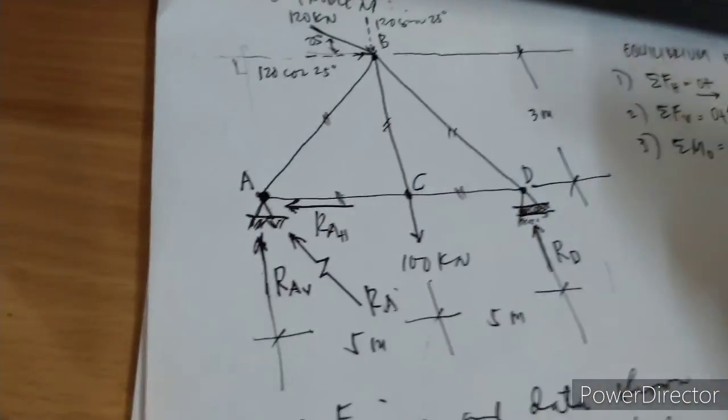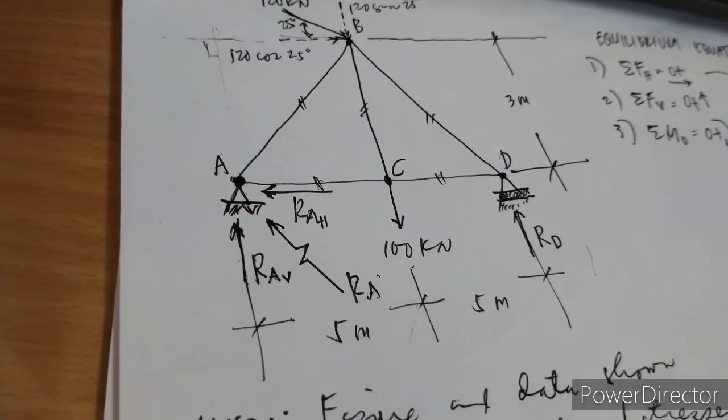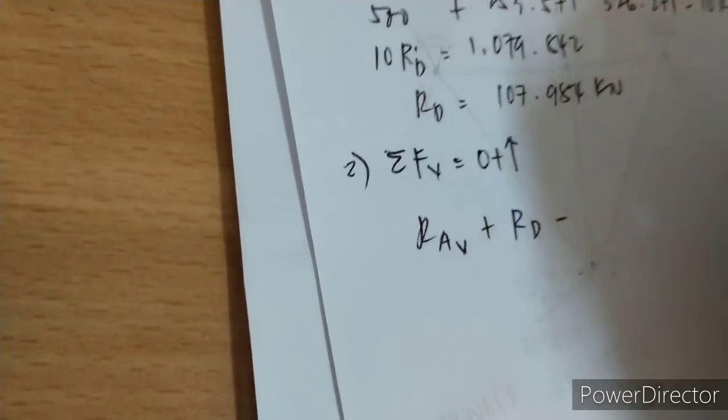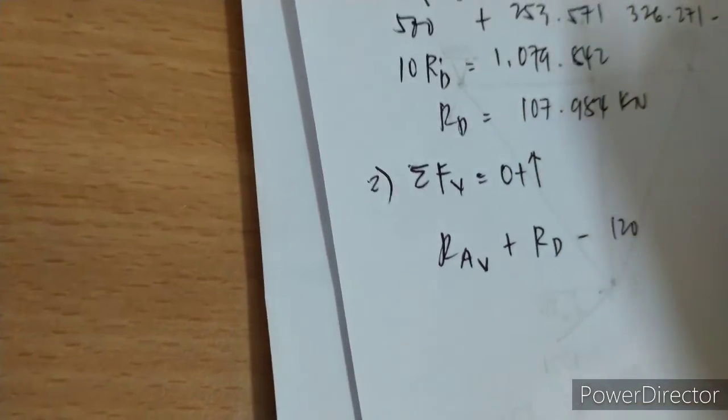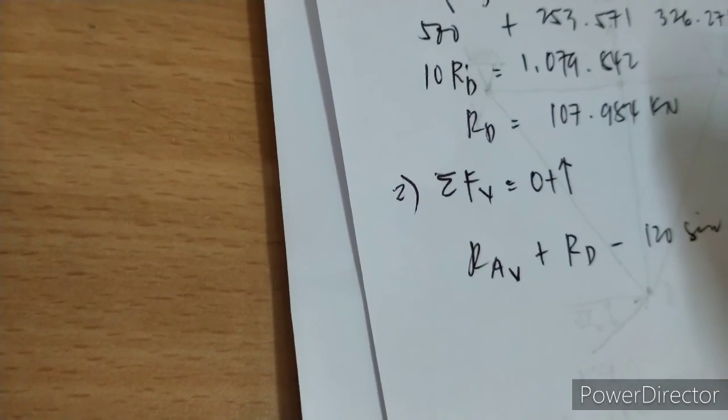Considering all the forces acting vertically, we can say that RAV plus RD minus 120 sine of 25 degrees is equal to 0.